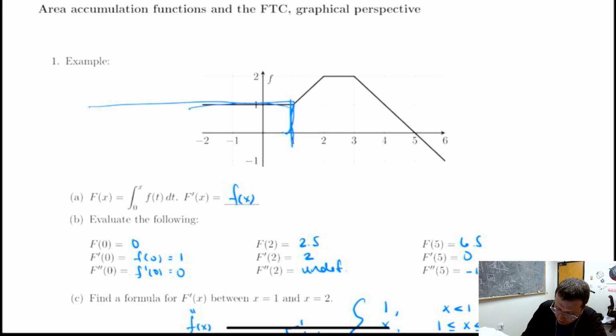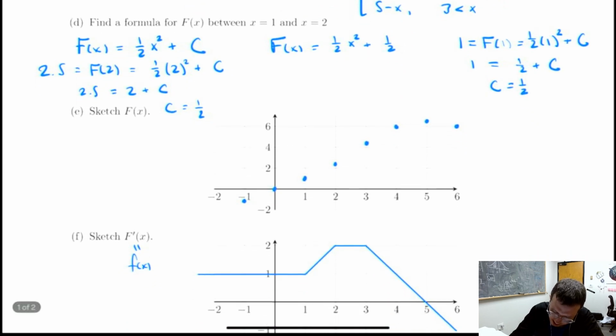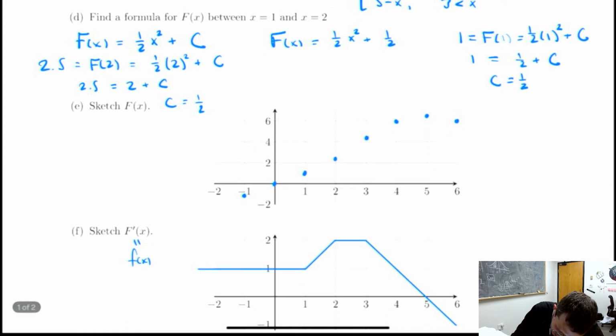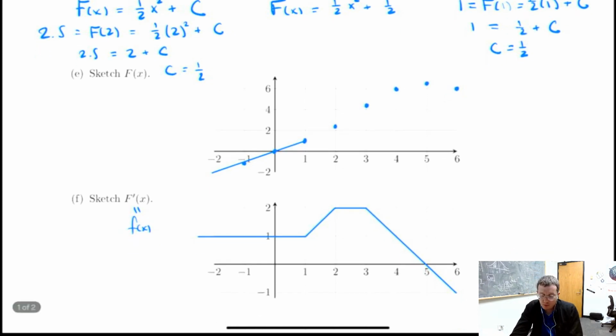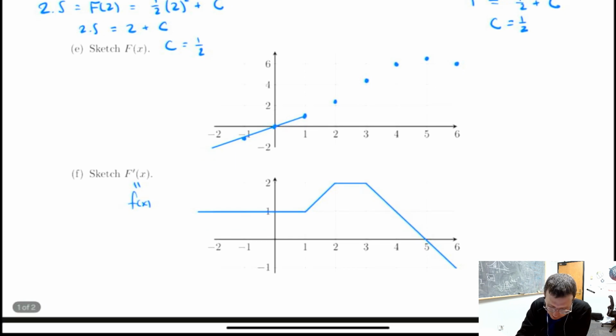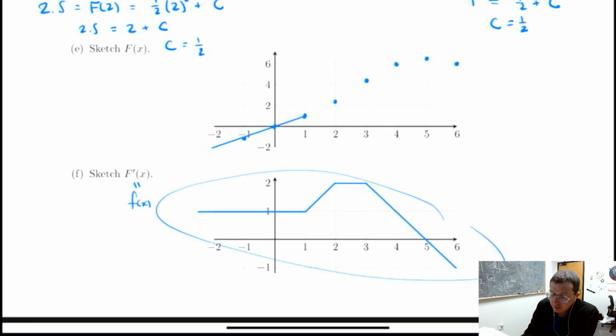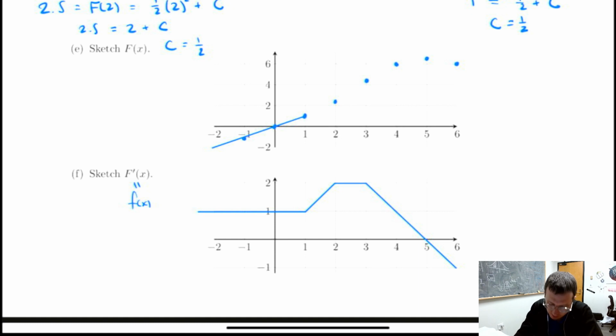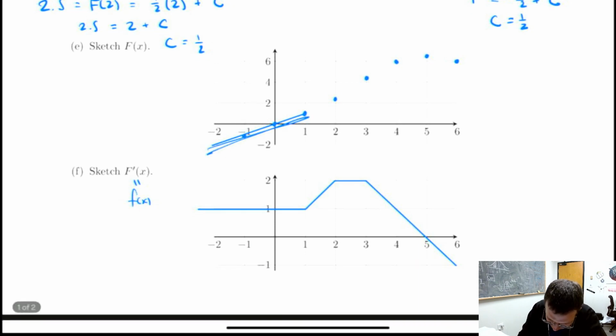This derivative graph is constant, which means that the accumulation function should be increasing at a constant rate. What we're doing is we're graphing a function whose derivative is this graph. So I need a function whose slope in this part is a constant 1.